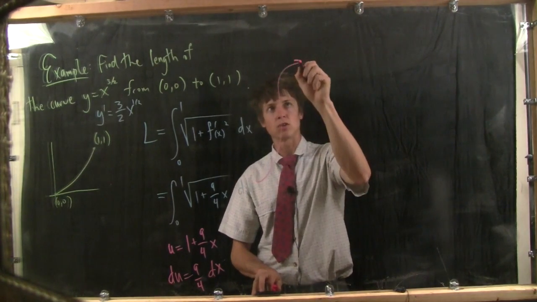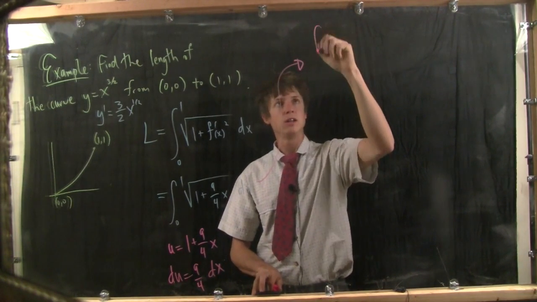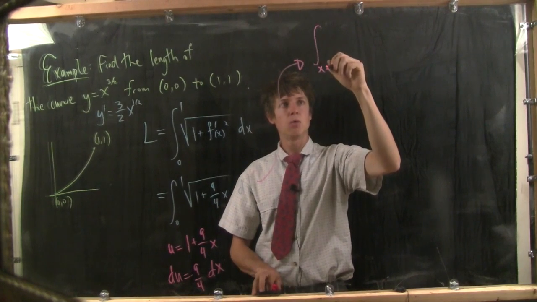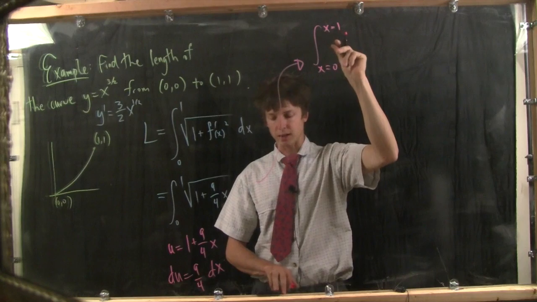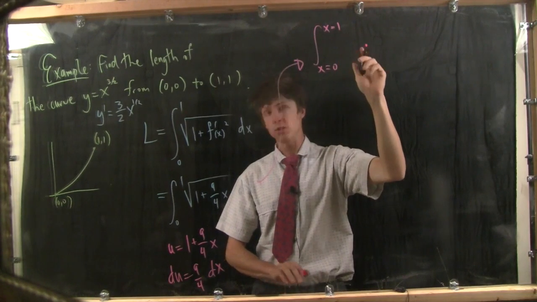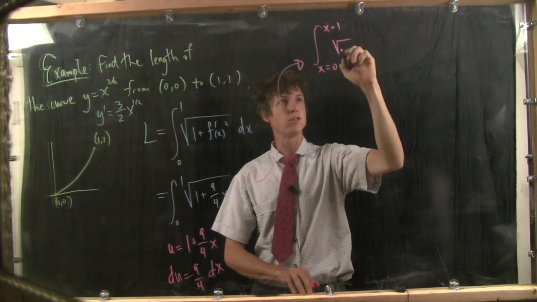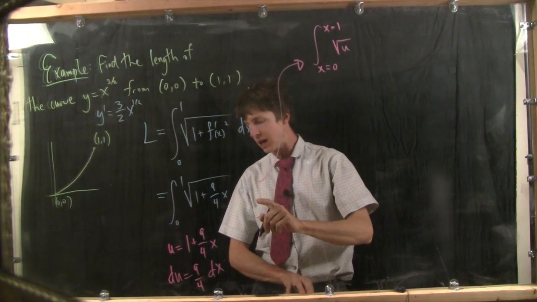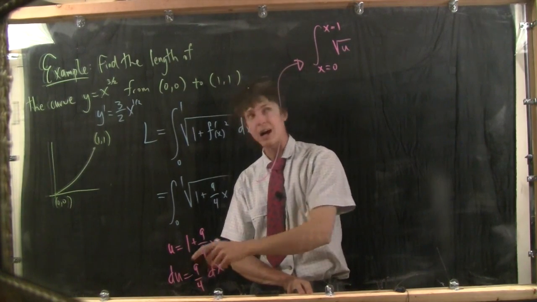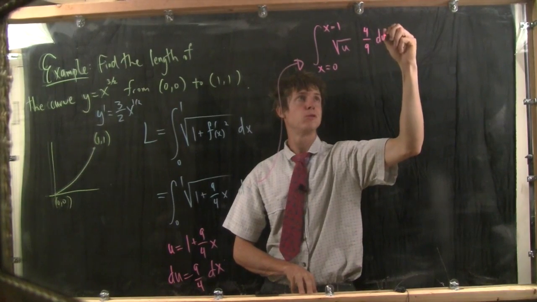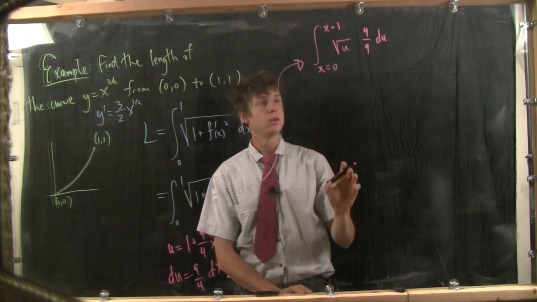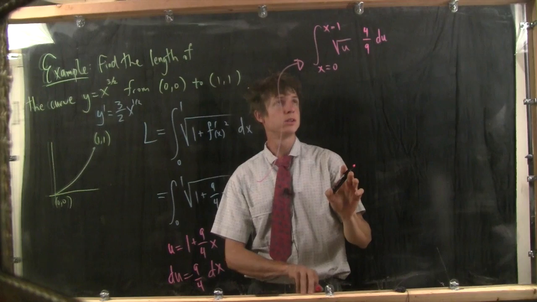I'll get that this integral is now the integral from, well, the 0 and 1 are still x values. So I'll write it like this so you know that they're x values. I have the square root of u, and dx now becomes 4 over 9 du. Okay, that's a little bit better.